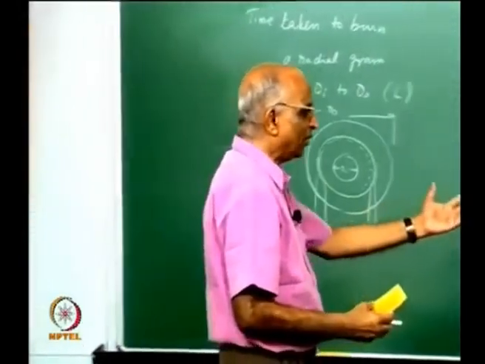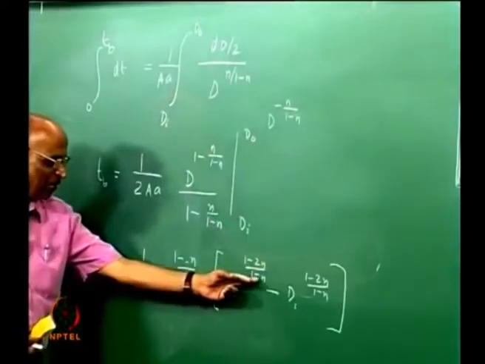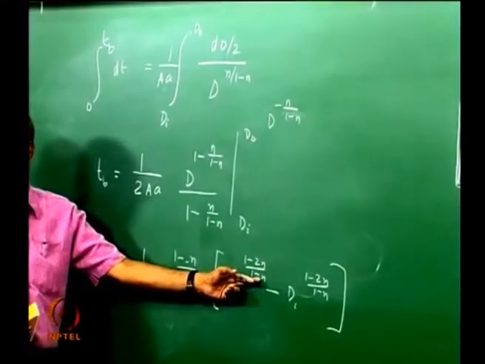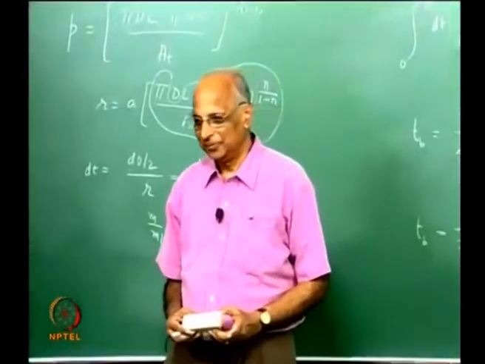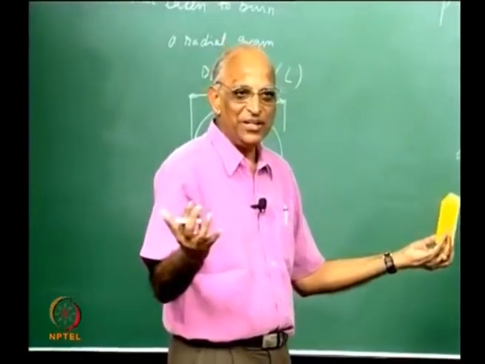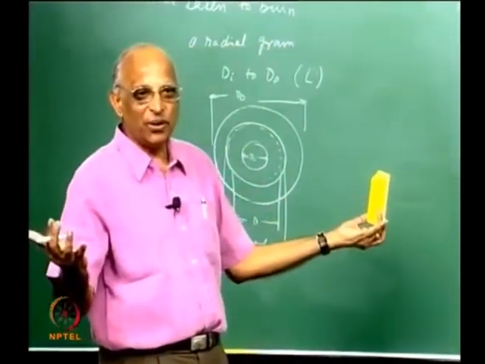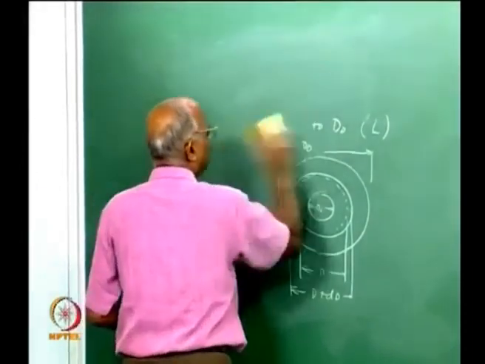Therefore, we are able to find out the burn time, but now I will ask you a question. If n is equal to 0.5, what is the time for burning? We said as long as n is less than 1, it is all right for us. If n is equal to 0.5, what will be the value of burn time?